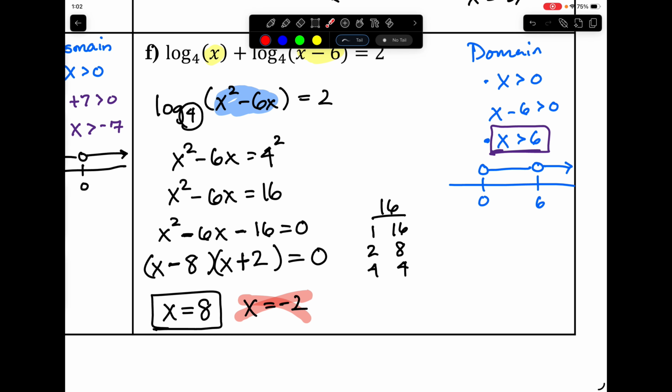We have to make sure that it satisfies both conditions here, and it just so happens that it doesn't satisfy the first part, well, neither part. So we can have answers that are negative, but here it just can't work because we're not doing any type of operation. So we need something to be positive every single time. And we also need that positive number to be bigger than 6, which 8 satisfies.